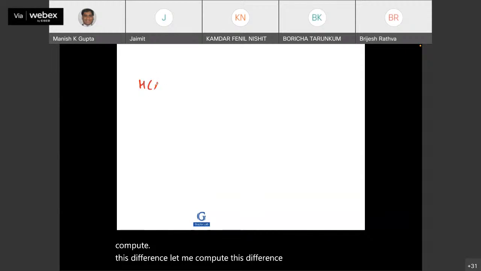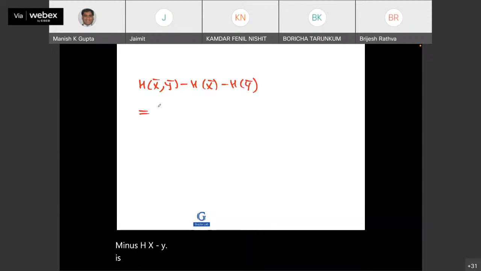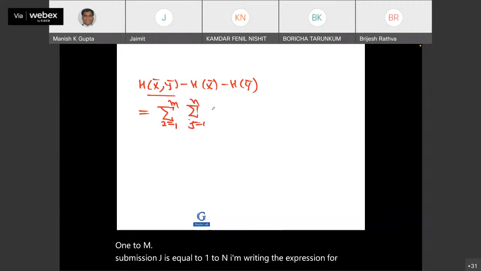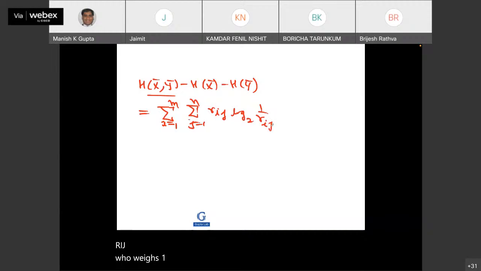So H(X,Y) minus H(X) minus H(Y) is equal to summation i is equal to 1 to m, summation j is equal to 1 to n. I am writing the expression for this first: rij log base 2 of 1 over rij. This is just by definition.